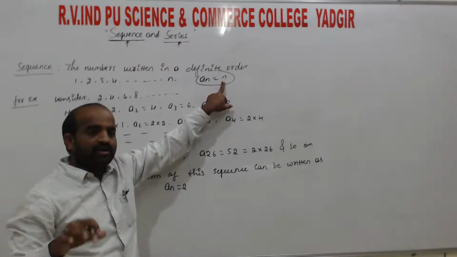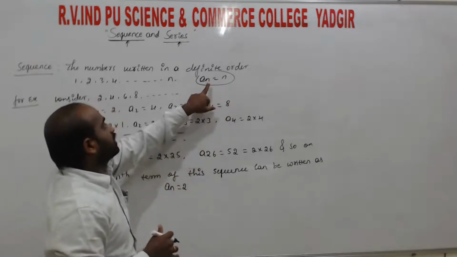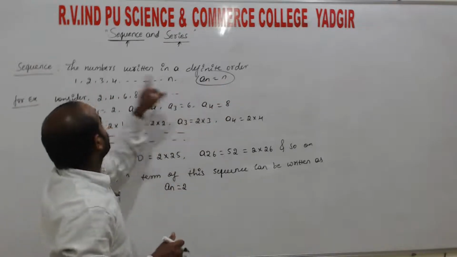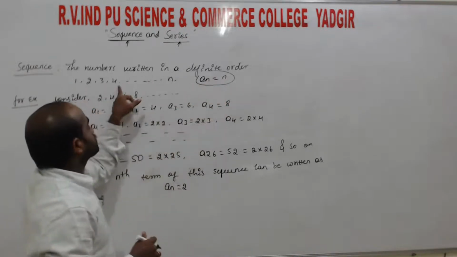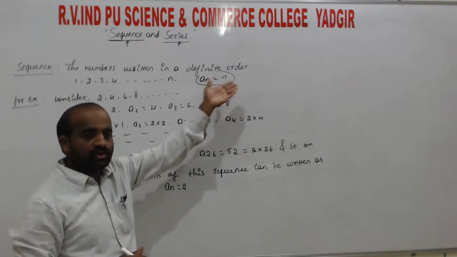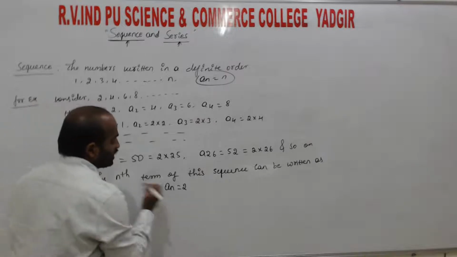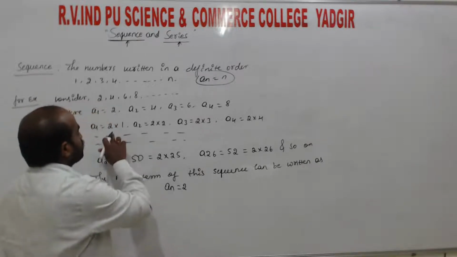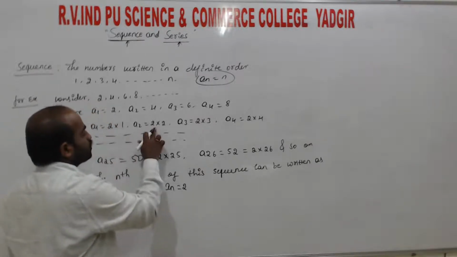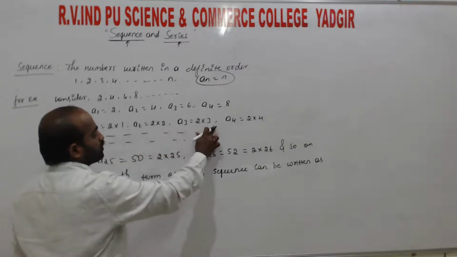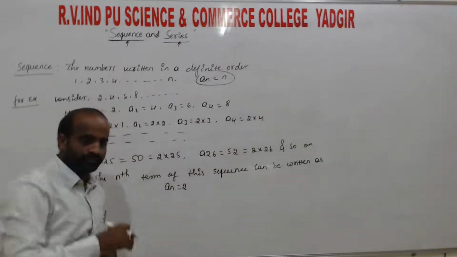So an is equal to 2 into n, where 2 will be constant: 2 into 1, 2 into 2, 2 into 3, 2 into 4, and so on.